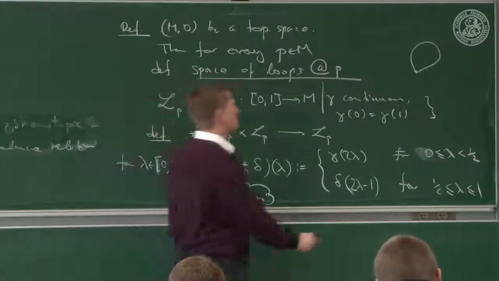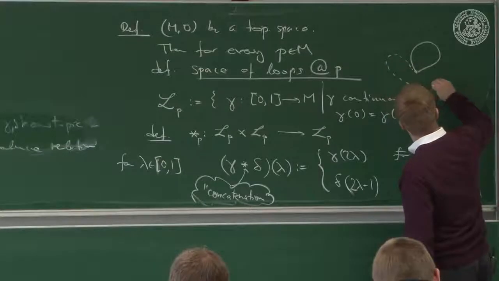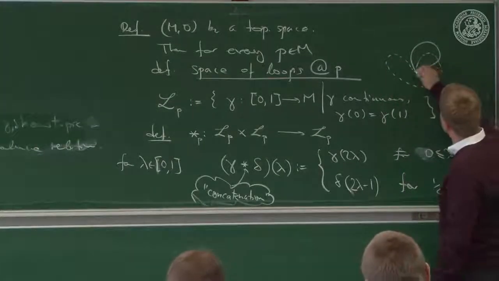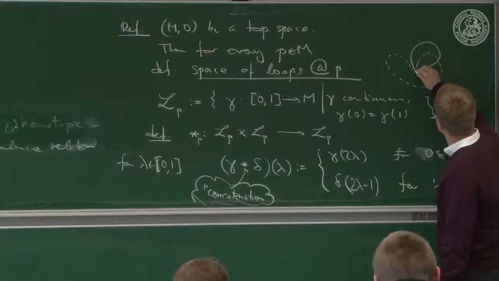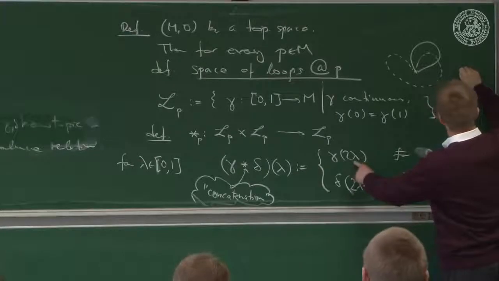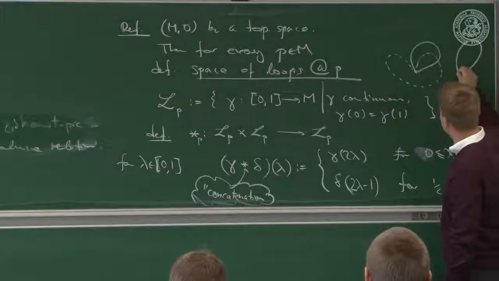And the intuition is you have one loop and you have a second loop, say this one. If you concatenate them, you get one loop. That's the following loop: you run through the first loop at double speed. Well, speed doesn't matter to the topology.